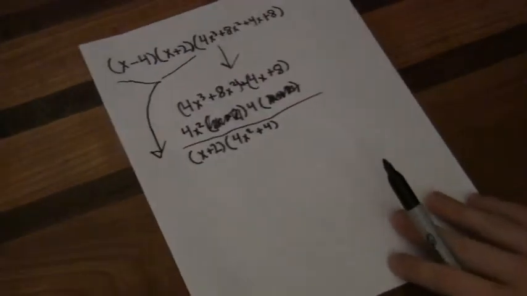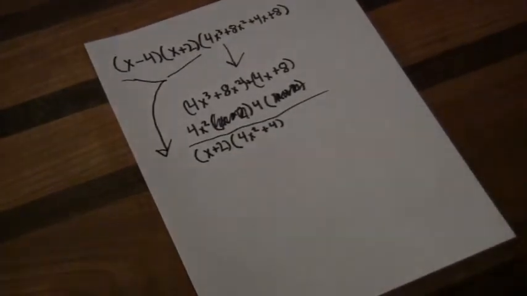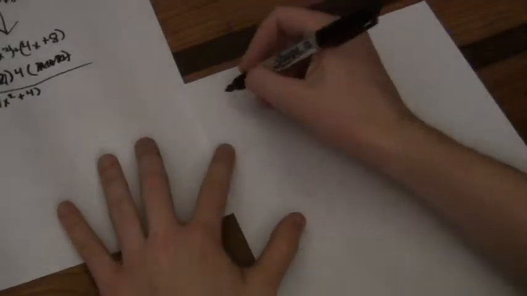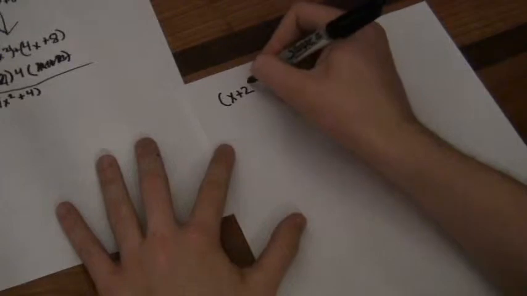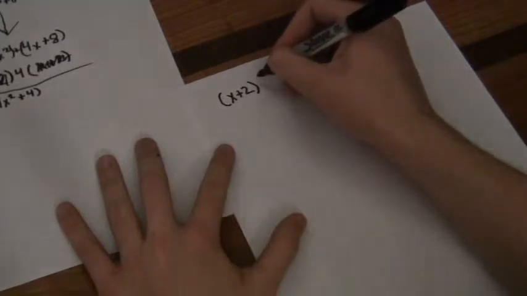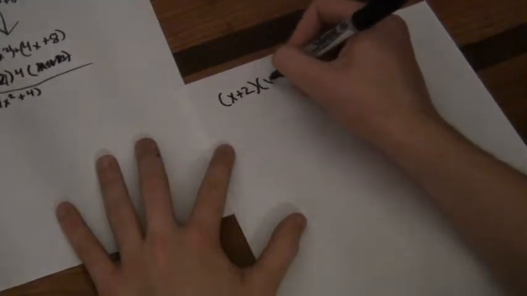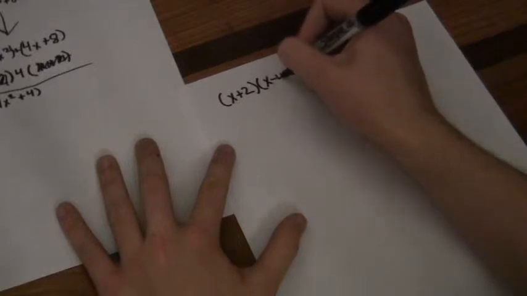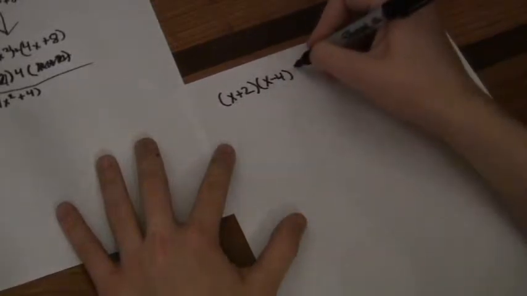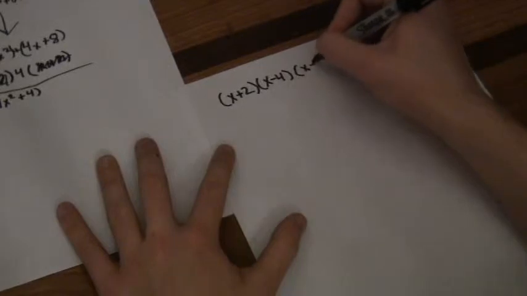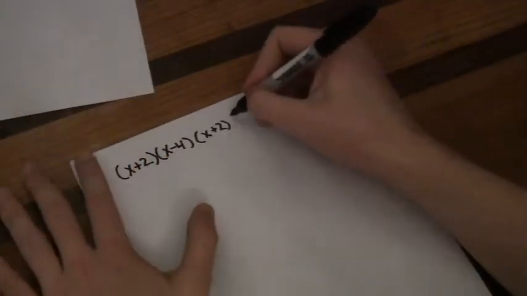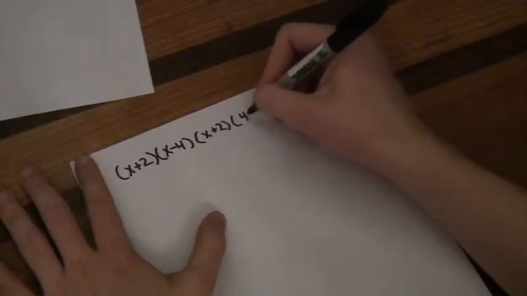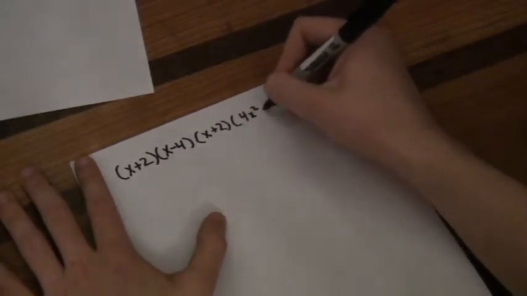So we got at this point the x plus 2, the x minus 4, another x plus 2. What does that mean? Don't worry, we're going to get to that. 4x squared plus 4.